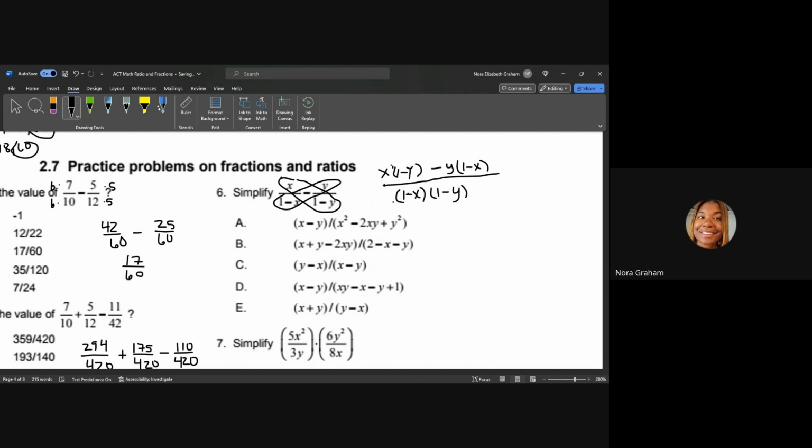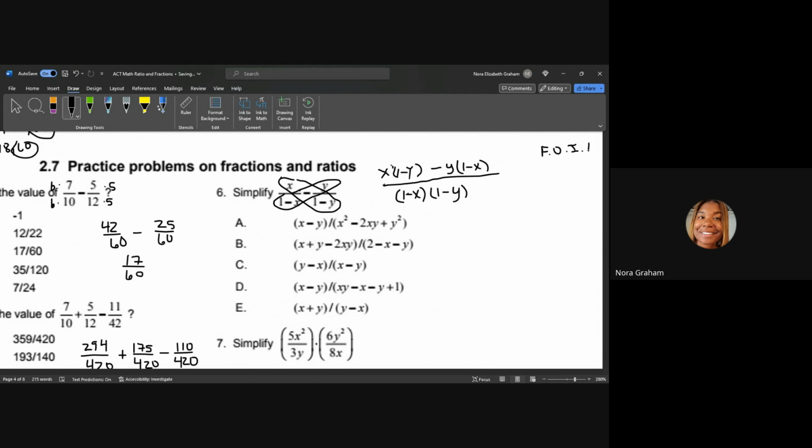Again, we're going to do something called FOIL: first, outer, inner, last. Again, if you're not familiar with FOIL, write in the comments and I can show you more information on where to look up how to FOIL. But I'm going to show you how I FOIL right now.